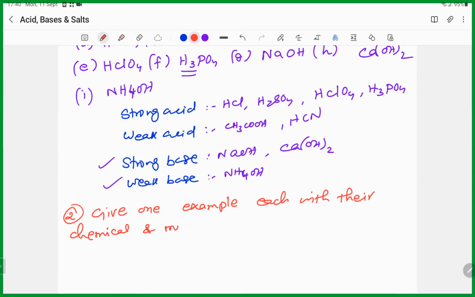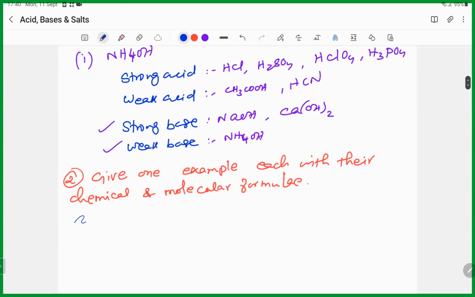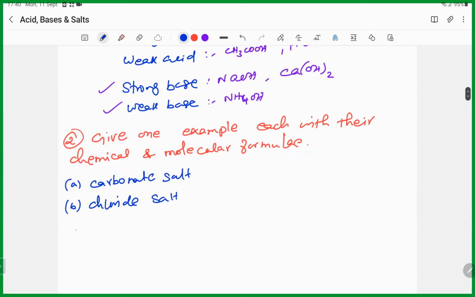Chemical and molecular formula. Number one, carbonate salt. Number two, chloride salt. Number three, copper salt. Number four, sodium salt. Number five, nitrate salt.